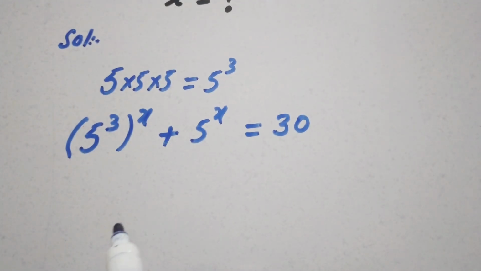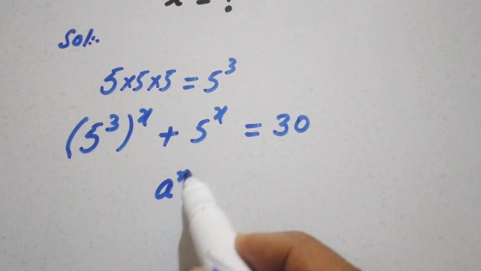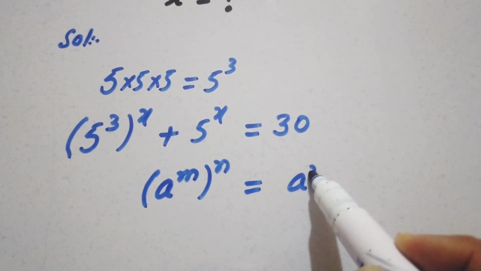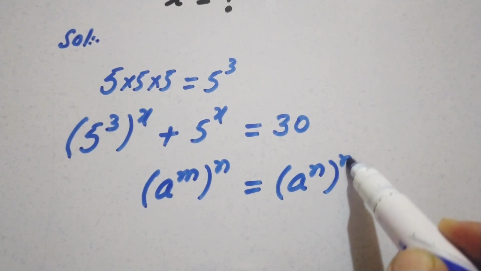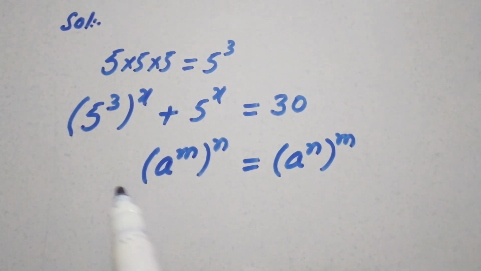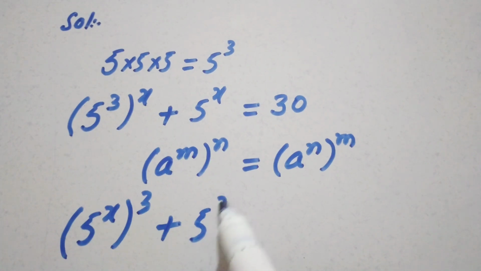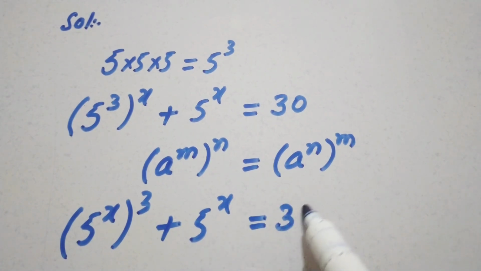Now by using an algebraic identity that a power m whole power n is equal to a power mn, 5 power x whole cube plus 5 power x is equal to 30.